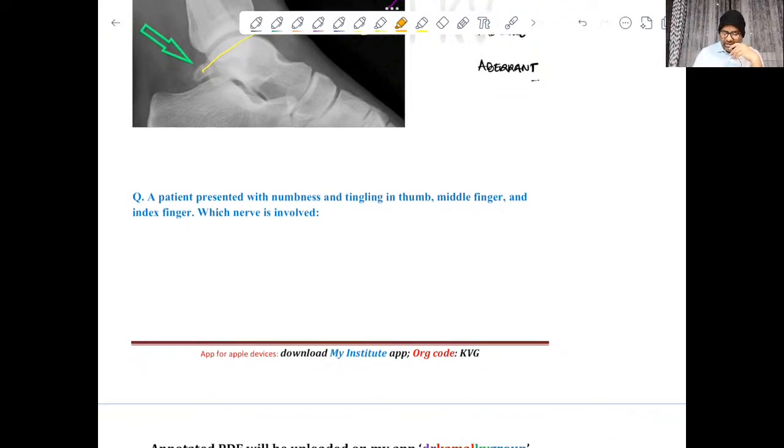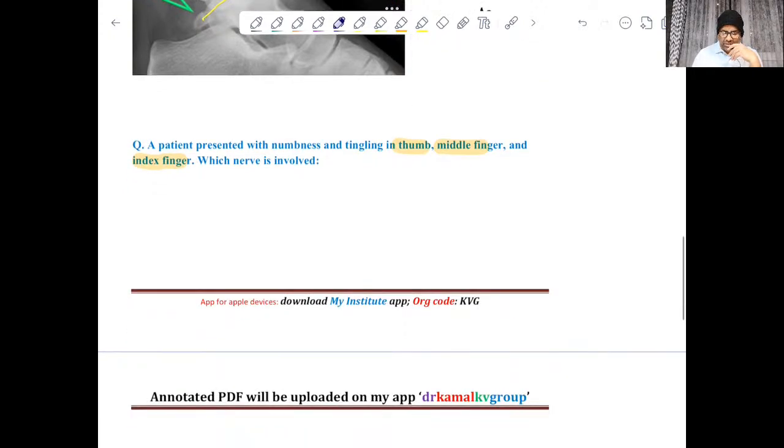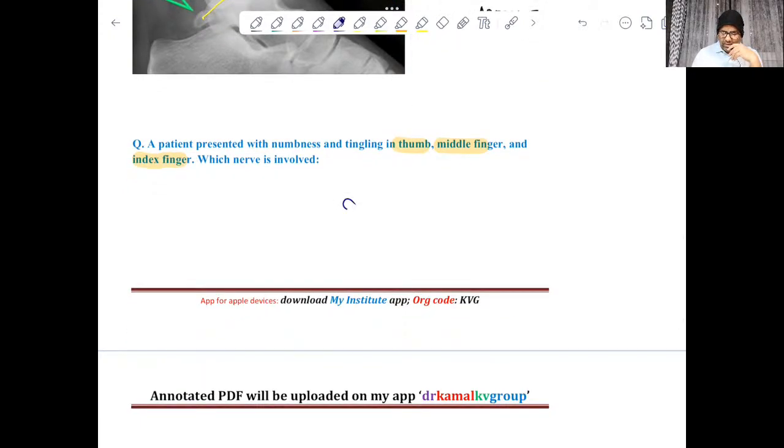One was about tingling in the thumb, middle finger and index finger. If suppose this is the thumb, this is index, this is middle, then this is ring finger and this is little finger.